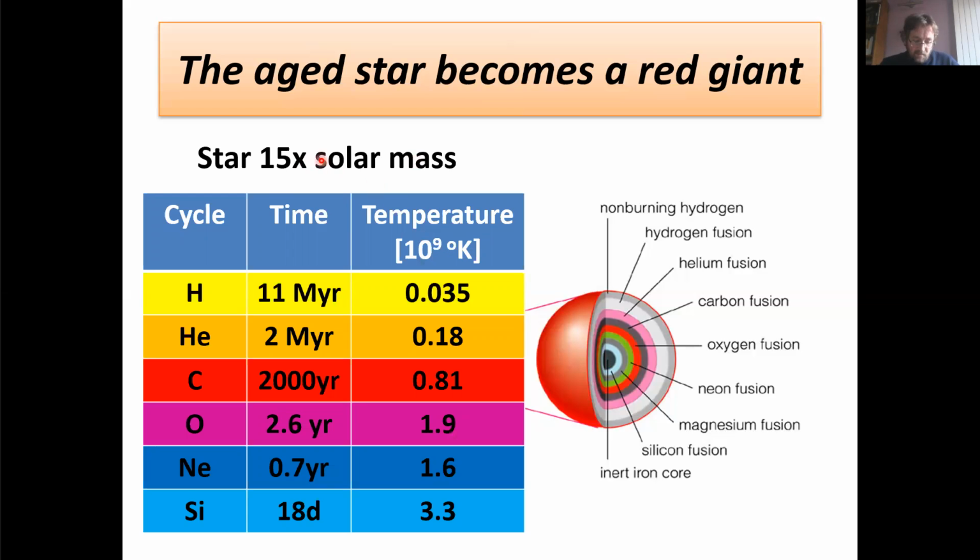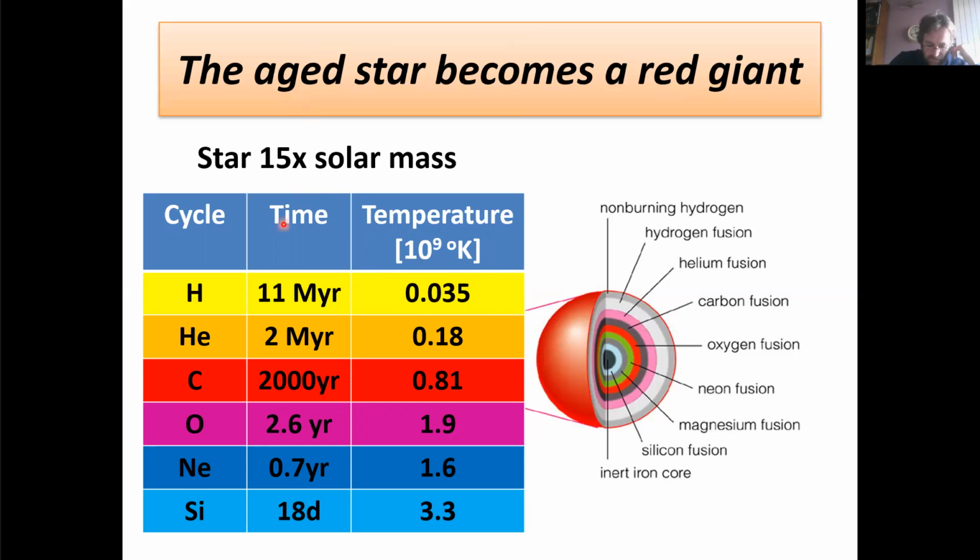If we have a star of 15 solar masses, our sun has in the center about 15 million degrees, and this star has 35 million. What means the Maxwell-Boltzmann distribution is shifted twice as high. Therefore, with this exponentially increasing tunnel probability, the Gamow peak is much, much bigger.